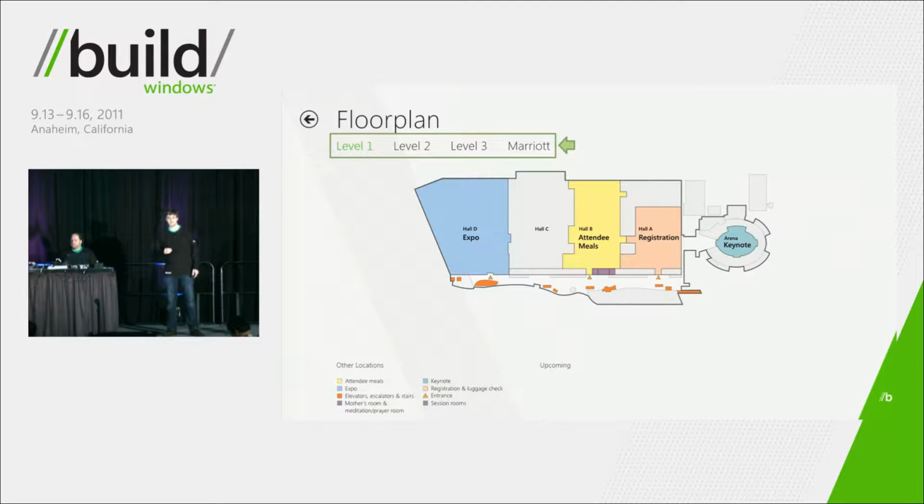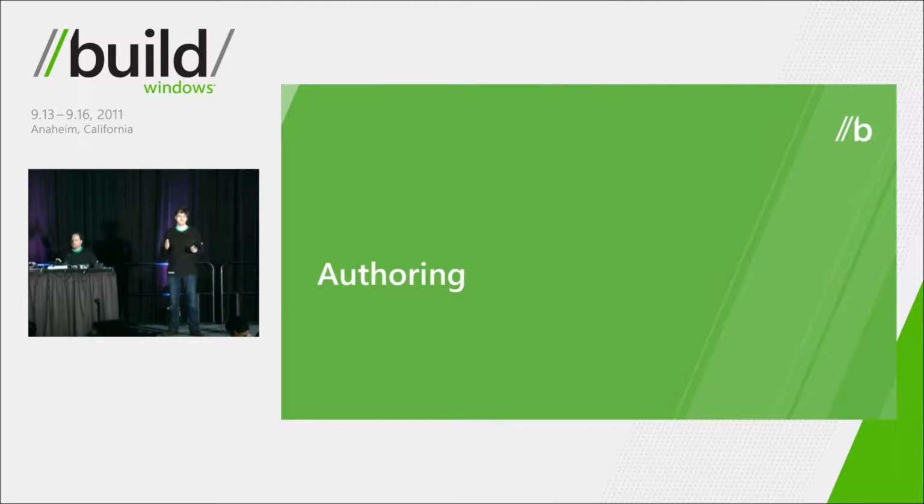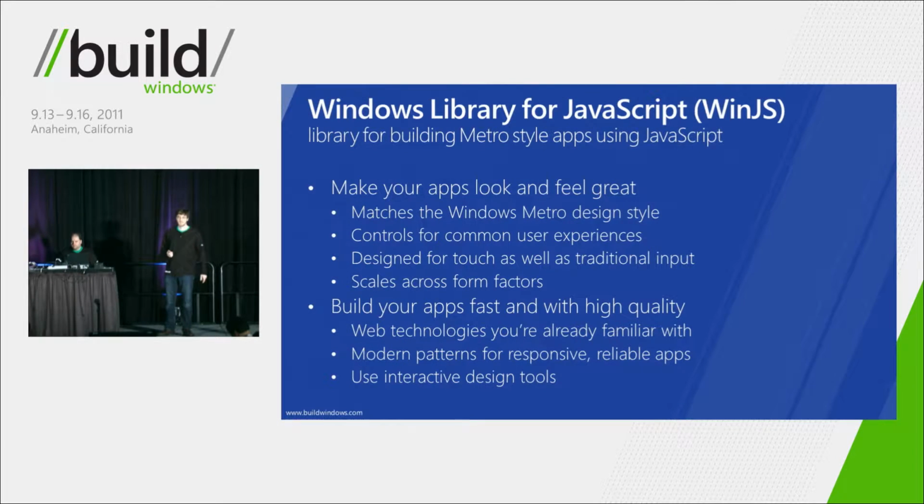But before we get there, let's talk about authoring. So when we talk about authoring, we're talking about writing JavaScript, HTML, and CSS, which we've had quite a few talks already from the big picture sessions down to today. And if you haven't already been exposed to this, we have this library for JavaScript for helping you write Metro-style apps called the Windows Library for JavaScript, or WinJS, which is what I'm going to call it from now on.